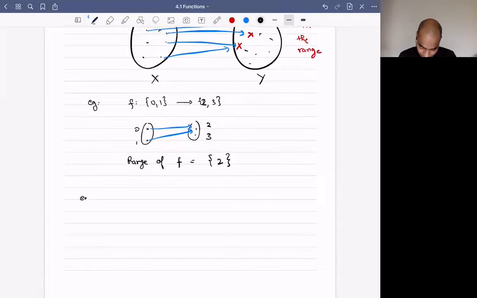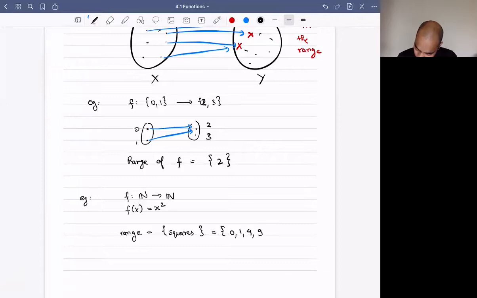Similarly, if I had the function from natural numbers to natural numbers that sends x to x squared, then the range is all squares. That is 0, 1, 4, 9, 16, 25, and so on. Now notice that the range depends on the target very seriously, or on the domain and the target both.